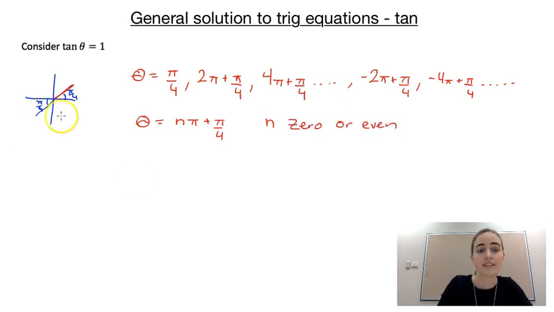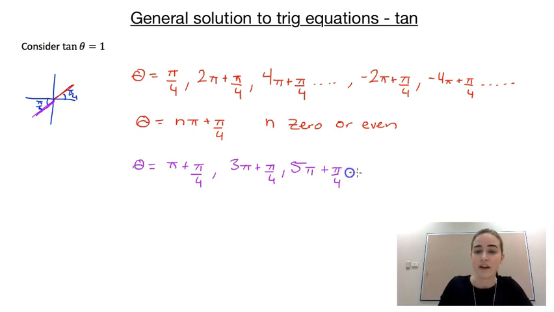If we have a look instead at this ray coming down this direction, we would have theta equals, if we go in the anti-clockwise direction first, pi plus pi on 4. If we do another revolution, we'd have 3 pi plus pi on 4. Another revolution would give us 5 pi plus pi on 4. And we could keep going.